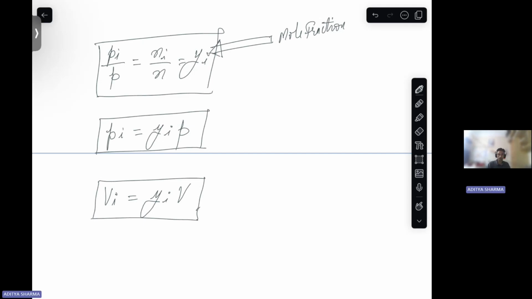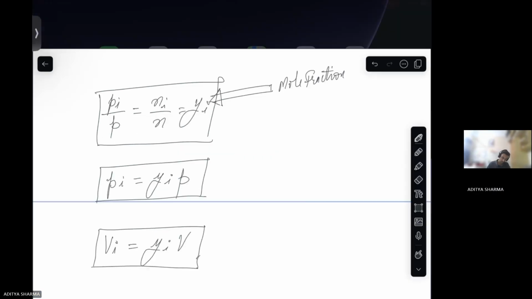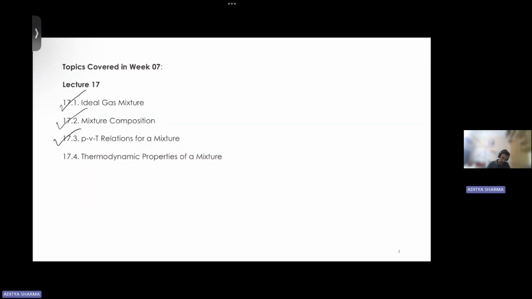So this was your discussion on PBT regulation. And in the last, thermodynamic properties of a mixture. So here we saw different properties in relation to a mixture.